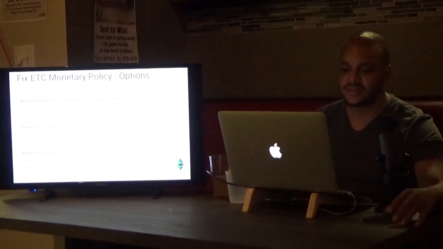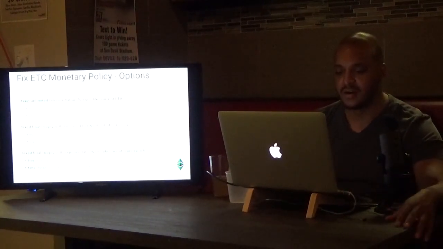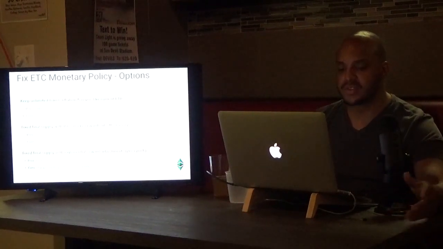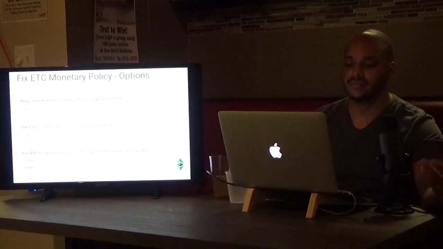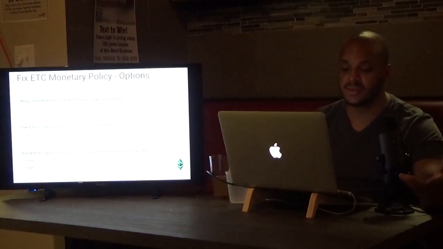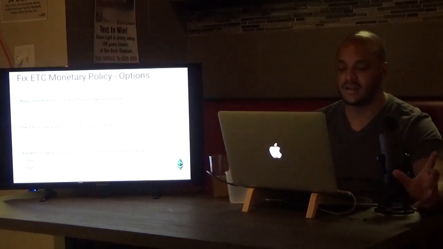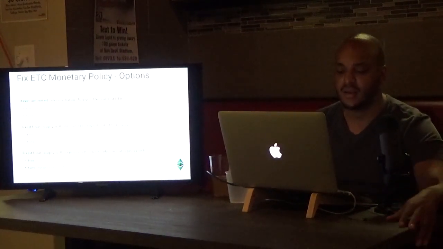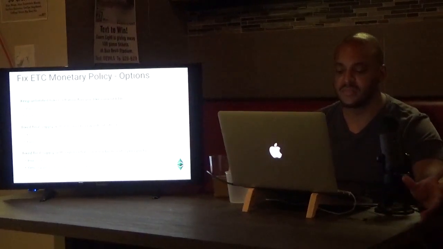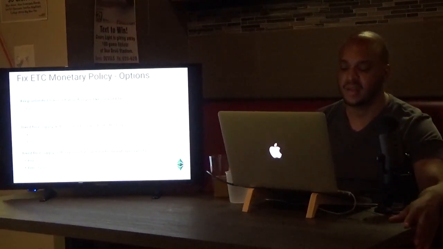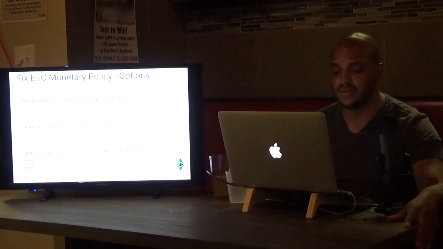These are some of the options that have been put forth so far: the pros and cons of keeping the unlimited coins being generated, doing a halving system like Bitcoin currently does, or just having a fixed supply with reward adjustments per epoch. I don't want to go into technical detail about that.